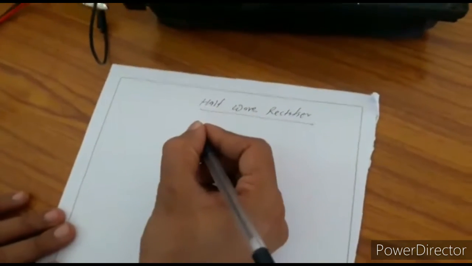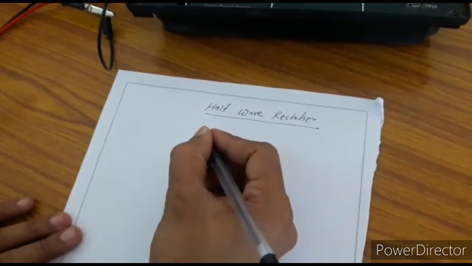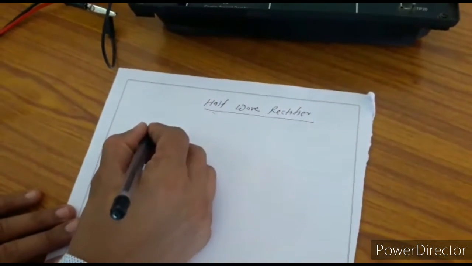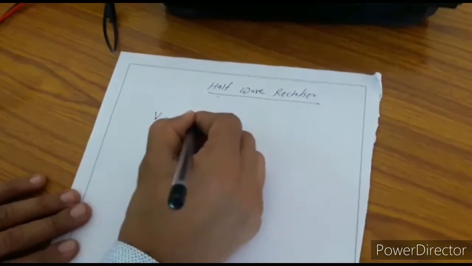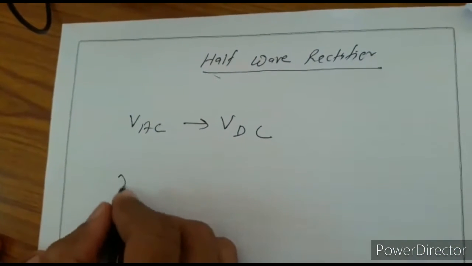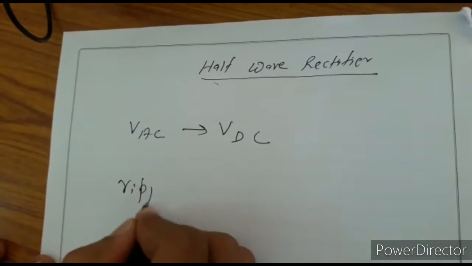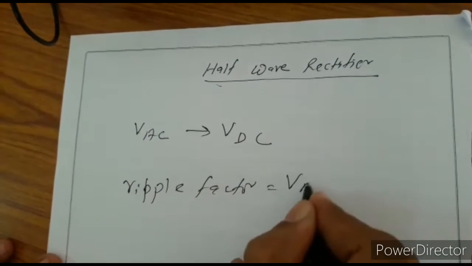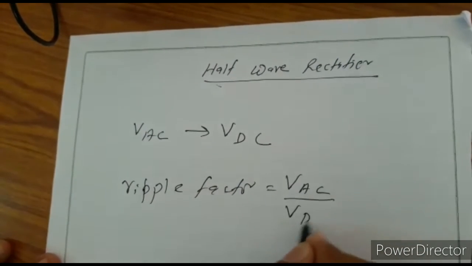Now here we will explain the half-wave rectifier experiment. In the half-wave rectifier, we have to convert VAC into VDC, and we have to calculate its ripple factor, that is VAC upon VDC.